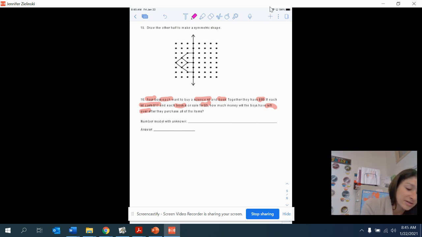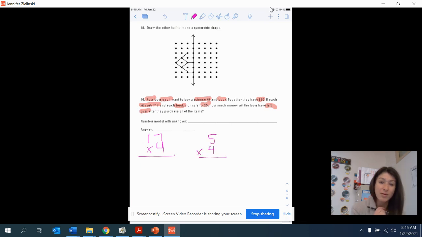So I would need to do 4 times 17. Okay. And my step 2, I would need to think about my 5 times my 4 so that I can figure out how much total money they're going to be spending on this kit and the book. And looking at your multiplication, we know 7 times 4 is 28.